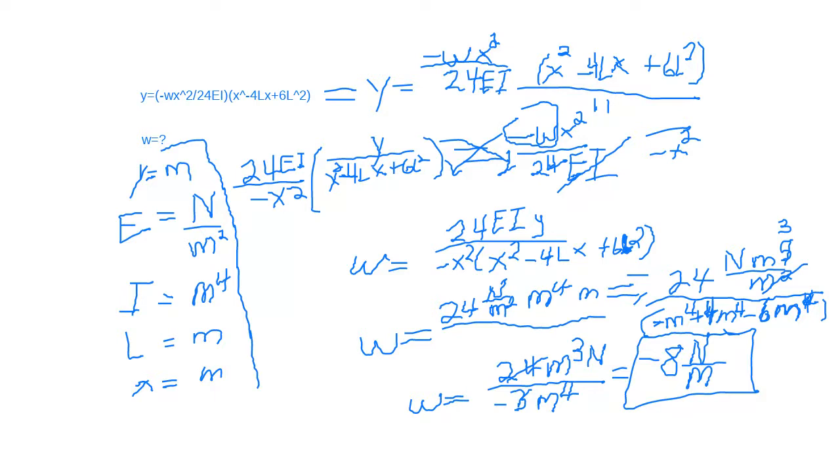Plug in all of your units, and then I'll need a final unit of measurement. So W is load distribution, which means the load distributed over a measure of length.